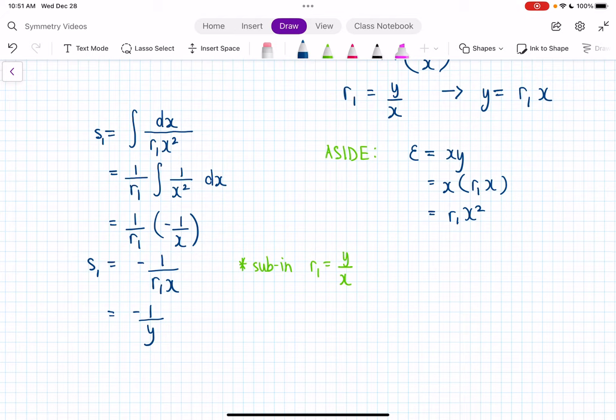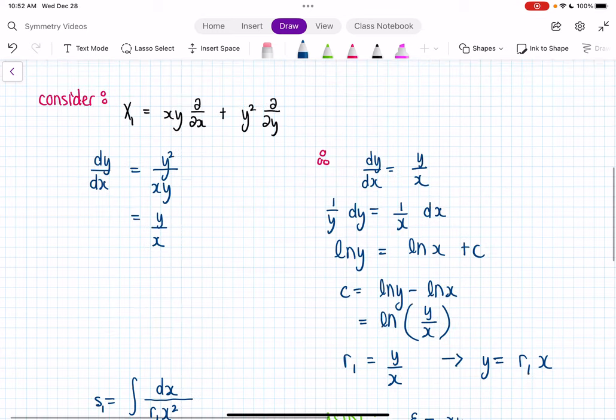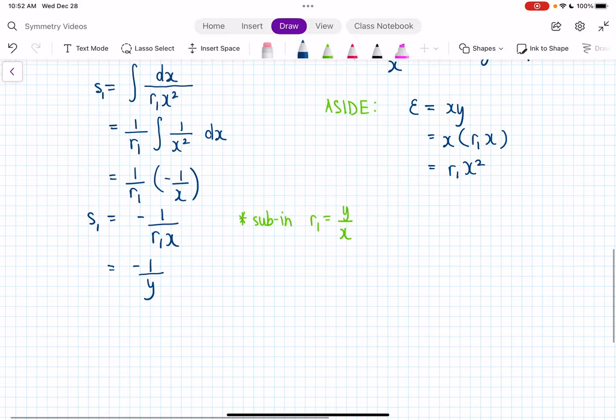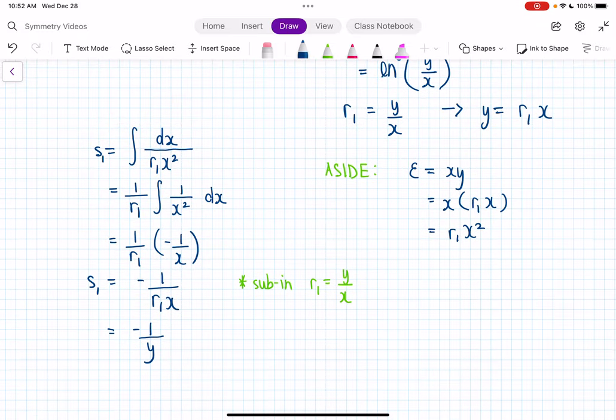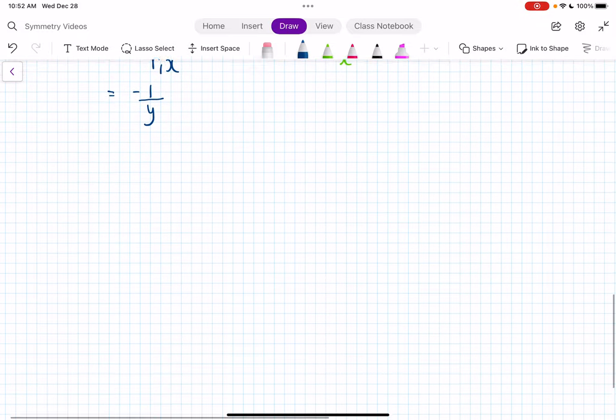So our canonical coordinates associated with x sub 1 are given as y over x and -1 over y.